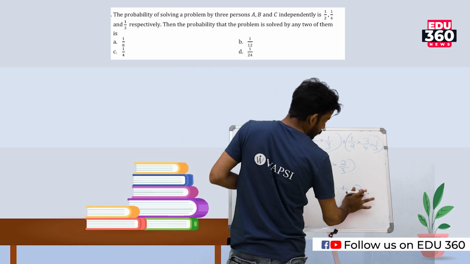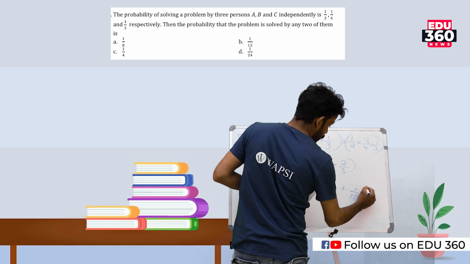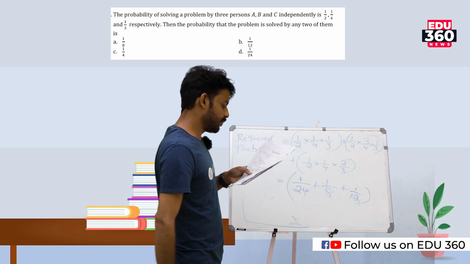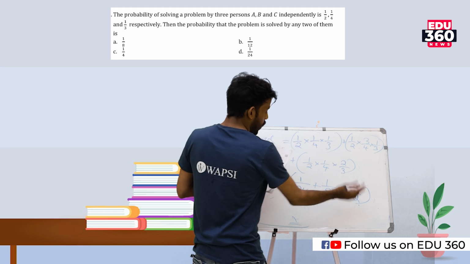On simplifying this, we will get 1 by 12. So 1 by 24, 1 by 8, 1 by 12.